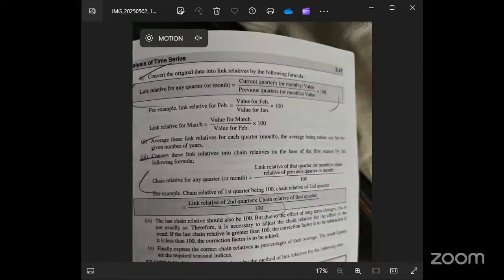And the last topic is the deseasonalization of variations. See the formula, and then we'll start with problems.